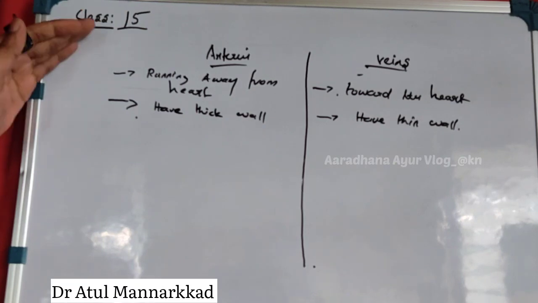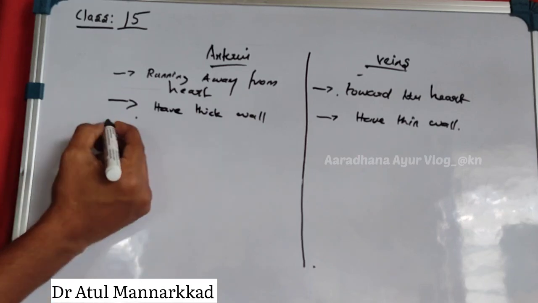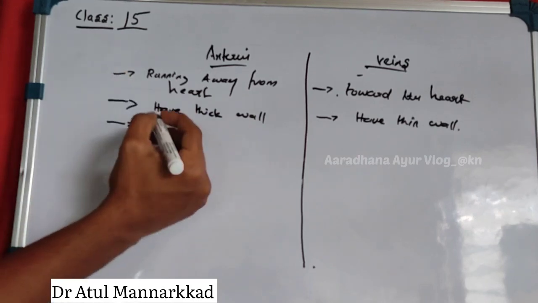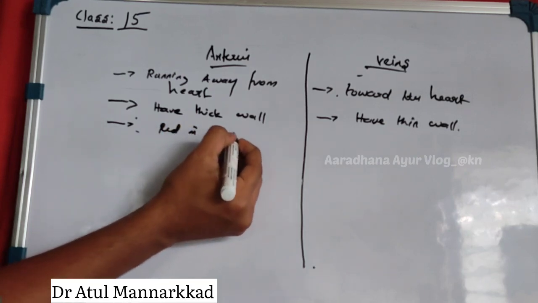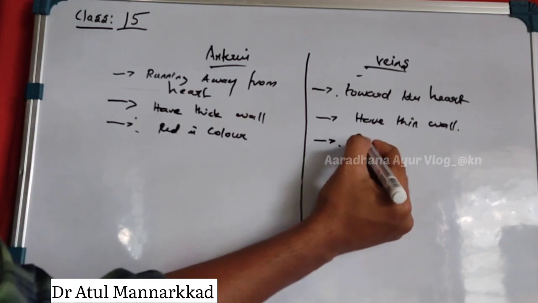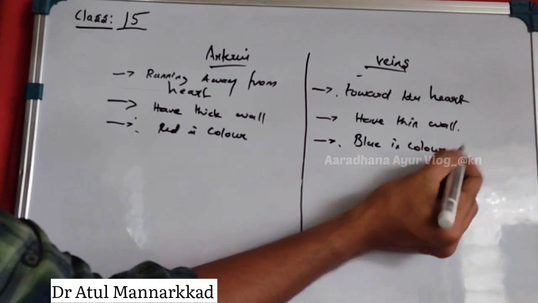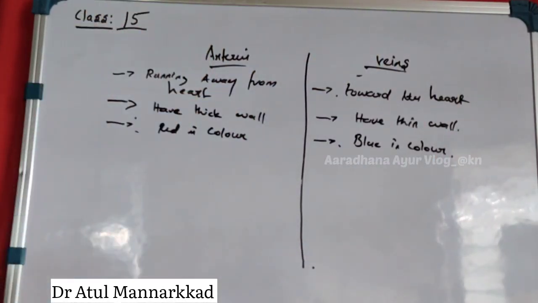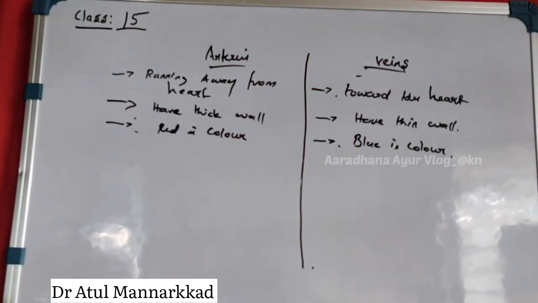When we see the color of these tube-like structures, arteries are red in color, while veins are denoted by blue in color. If you have seen anatomy books or pictures, arteries are denoted in red, while veins are denoted in blue.